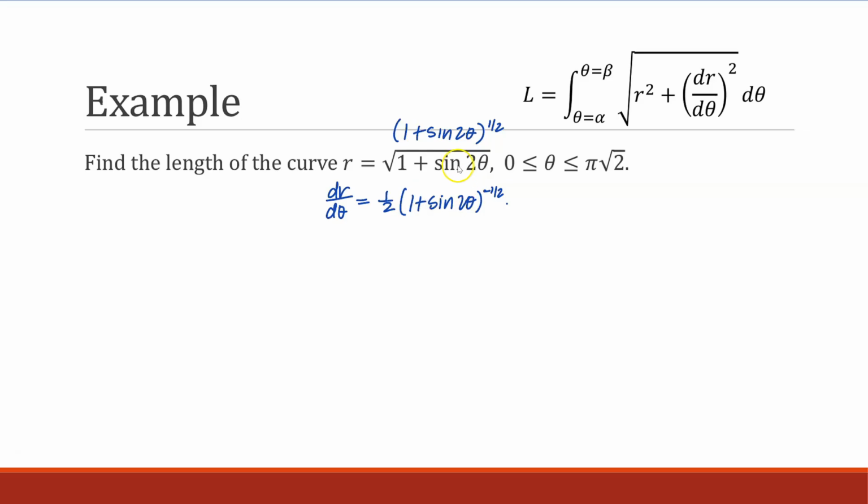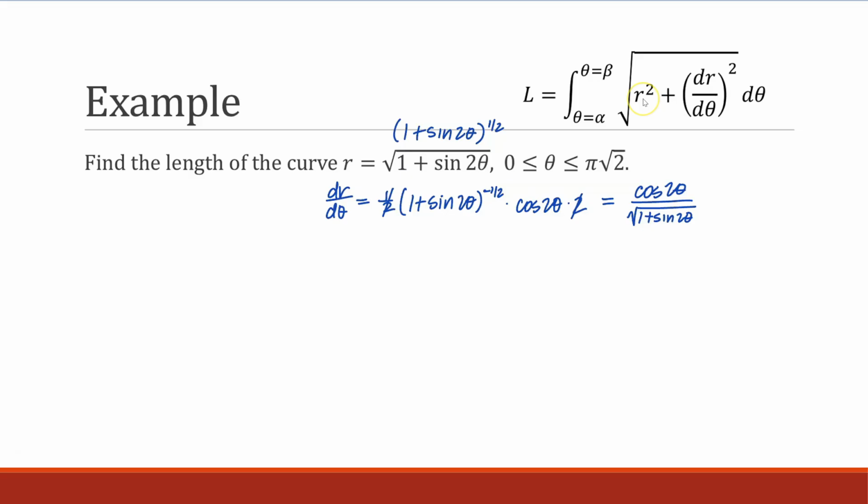The derivative of 1 plus sine 2 theta, that's going to be cosine of 2 theta times 2. So there's really a double chain rule happening there. So the 1/2 and the 2 simplify to 1. So I'm going to write this as cosine 2 theta over the square root of 1 plus sine of 2 theta simplified. All right, so that's dr d theta that we're going to have to substitute in.